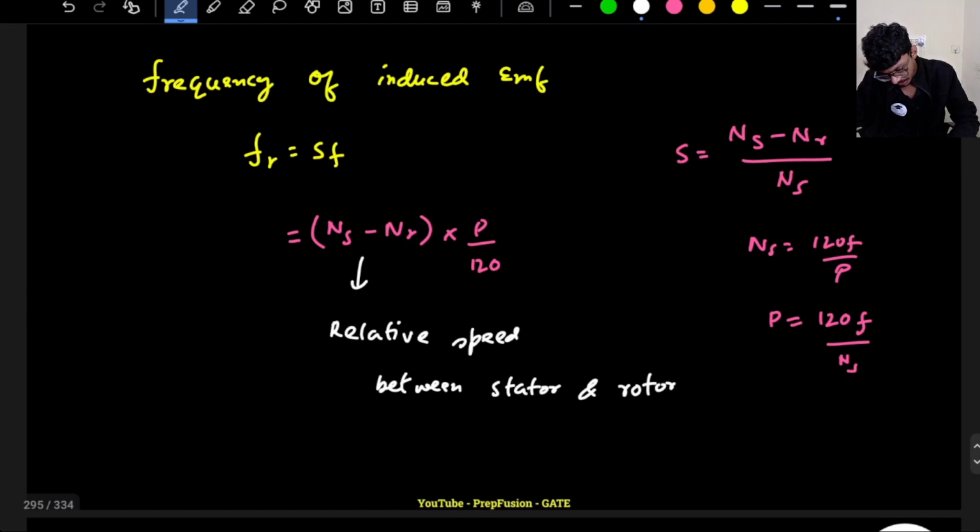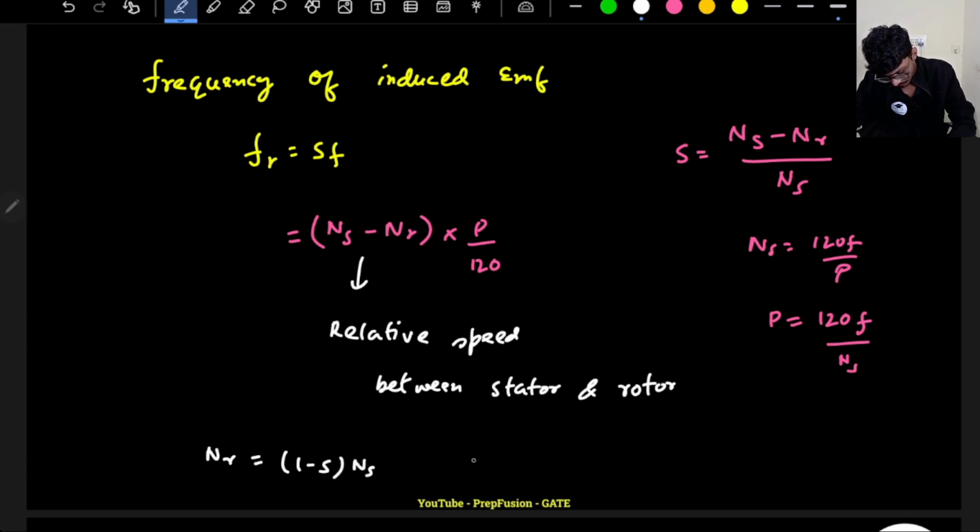So here, if I want to write this in terms of slip, how will I write it? I know this formula, NR equals to 1 minus s into NS, correct?